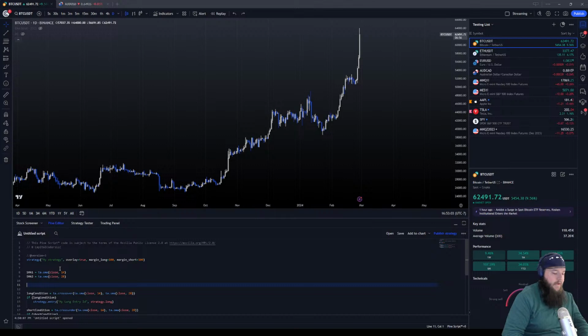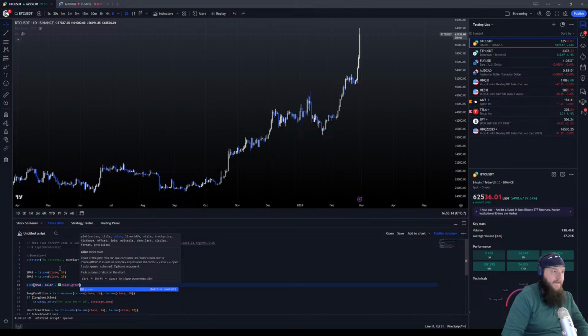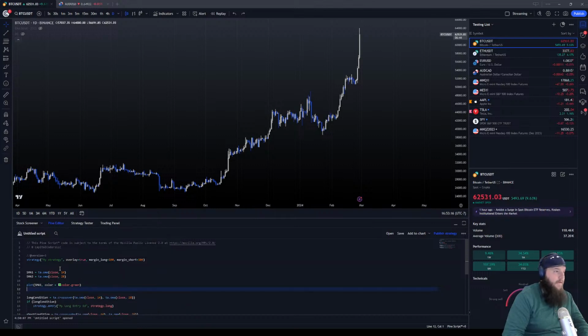And then we just go plot SMA1, give it a color. This one's the faster SMA, so I'm going to put it color green. And then this next one, I'm just going to change it to SMA2, and we're going to give that a red color since it is slower.